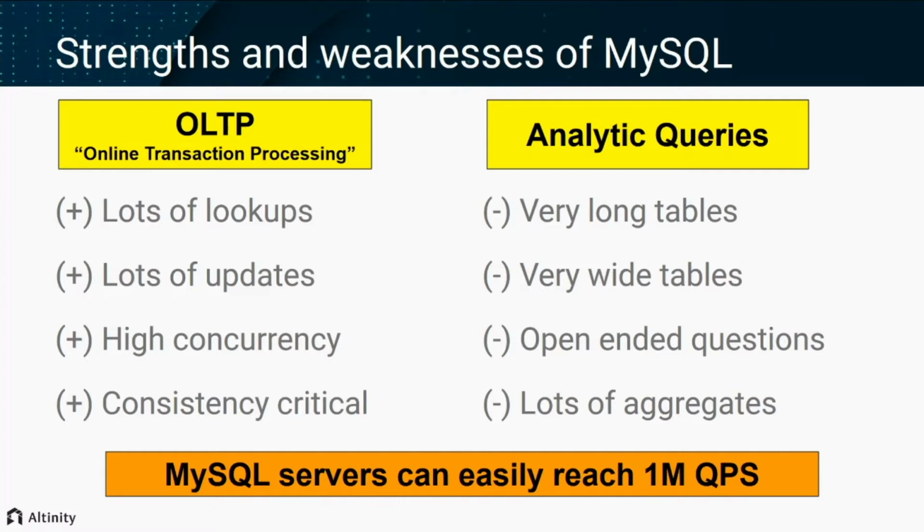And finally, analytic queries often have aggregates. So we're totting up flights by day, or airlines, flights by tail number of the aircraft, or by location, by how late they are. So many types of sums and other types of aggregates. And MySQL actually handles these relatively poorly, particularly as the data size gets a lot larger.